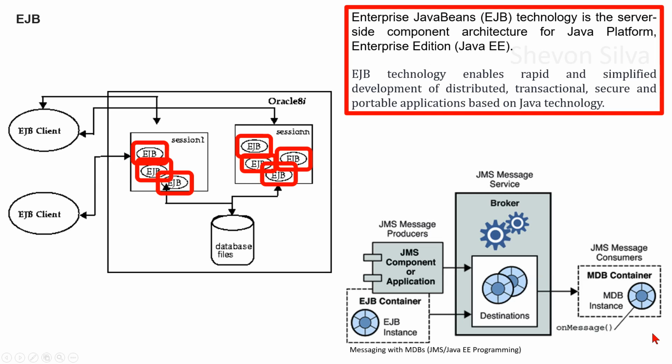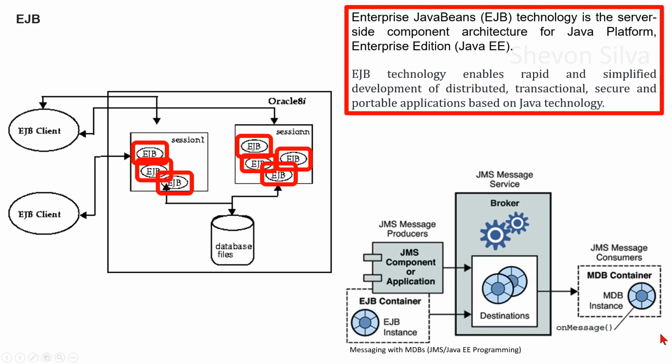Message-driven beans, MDB, is an EJB component supported by a specialized EJB container that provides distributed services for the component it supports. The MDB implements the JMS message listener interface.